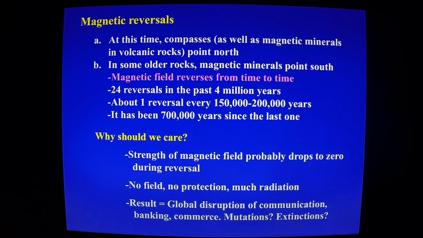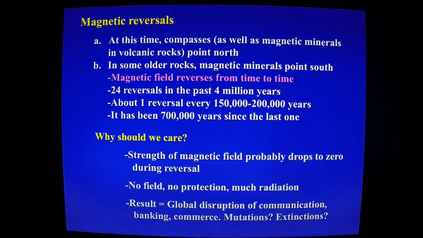One thing that it would really do today, though, and that we know happens, is that without the magnetosphere, all of this radiation in space would come streaming towards the Earth, and we have lots of satellites that are up now that would be adversely affected. So the point is that this is something that we should probably pay attention to, especially given that in the last 30 years the strength of the field has dropped by 30%, and that the site of the magnetic North Pole has moved around a fair bit.